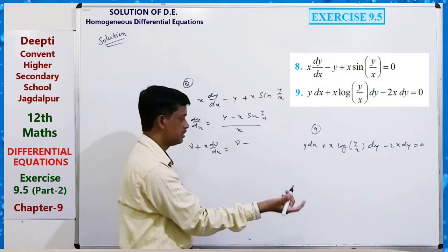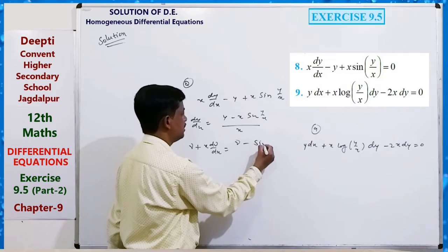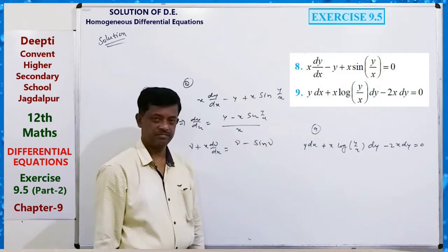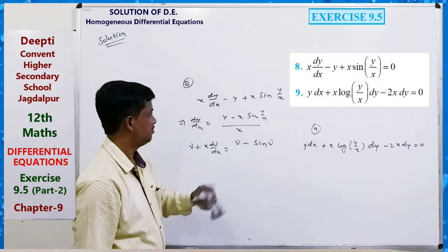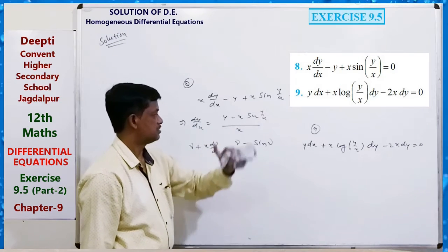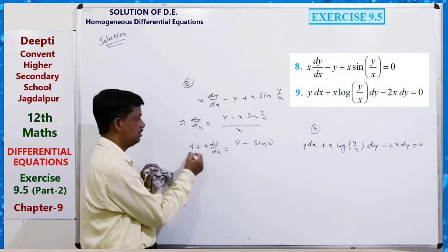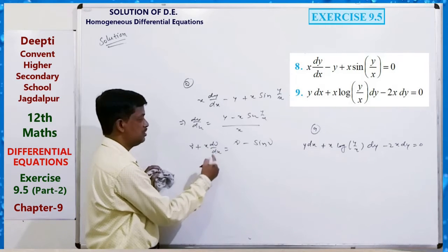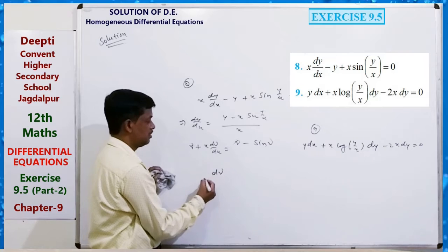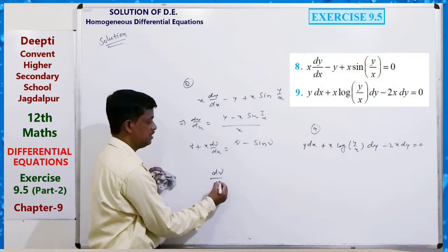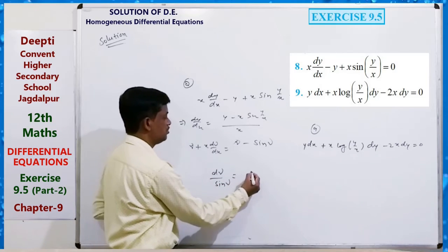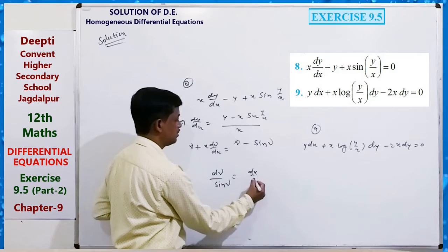Here v minus sin v. Both sides have v, so it cancels. So x dv by dx equals minus sin v, so dv upon sin v equals minus dx by x.